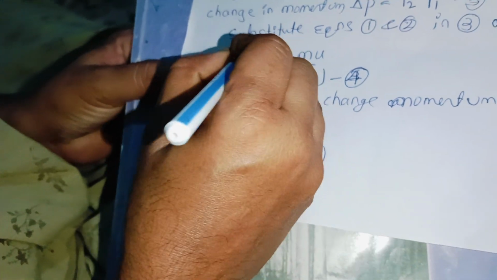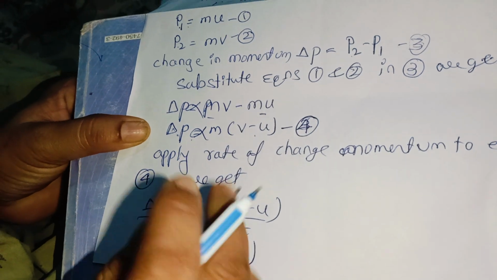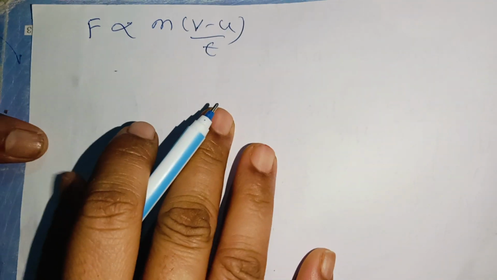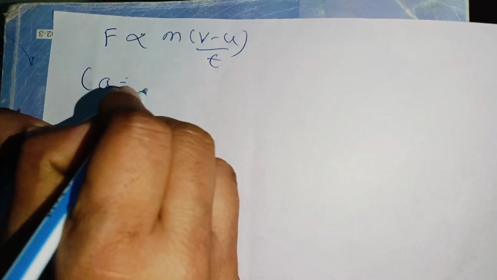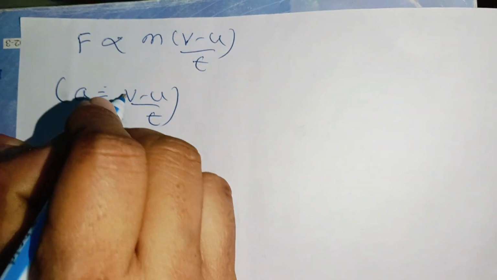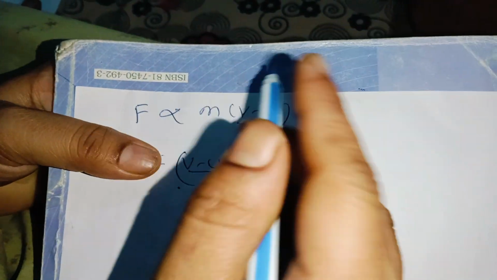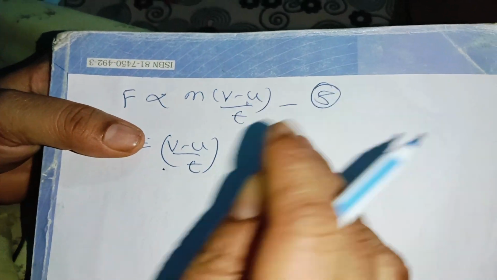So we know that F is directly proportional to m into v minus u divided by t. This is equation number 5.